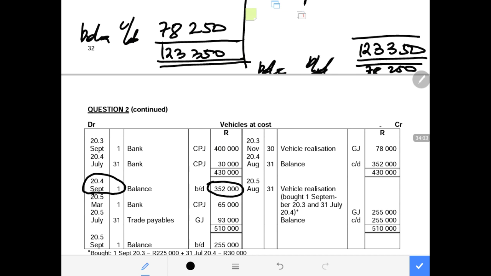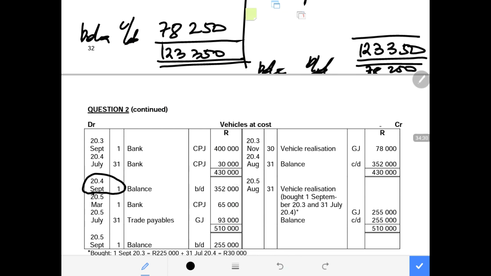And at the same time, we can see bank on the debit side, which indicates the cost of the motor vehicle that was bought on the 1st of March, costing 65,000 rands. And again, there is another motor vehicle that was bought on credit, trade payables, at the cost of 93,000 rands.